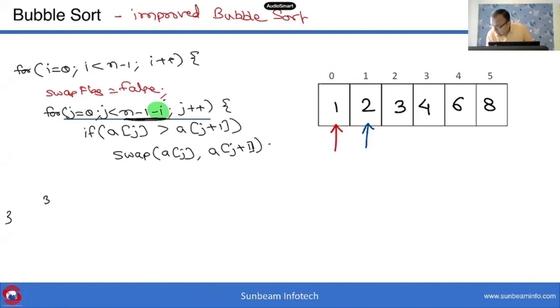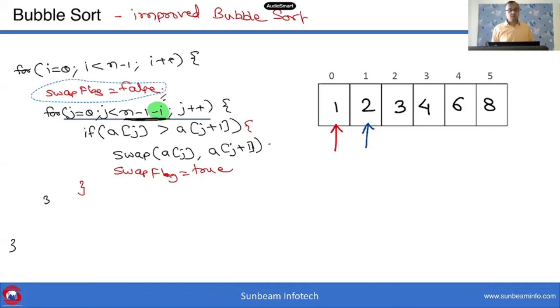At any moment, if there is a swapping, you just go ahead and say that the swapping is done. So I'm making swap flag is equal to true. And once it is done, now at the end of the pass, see, before the pass, we said the swap flag is equal to false.